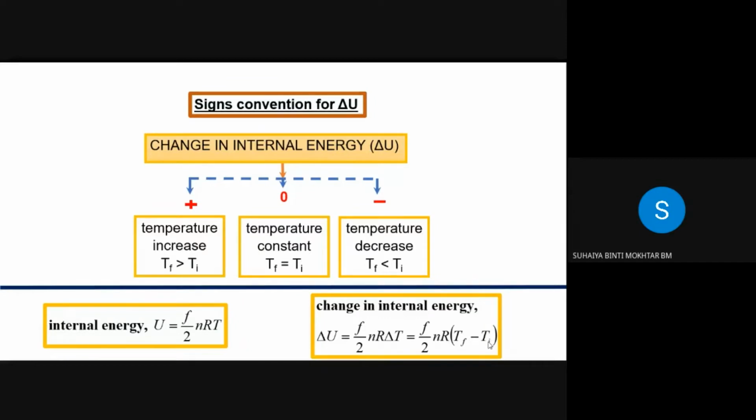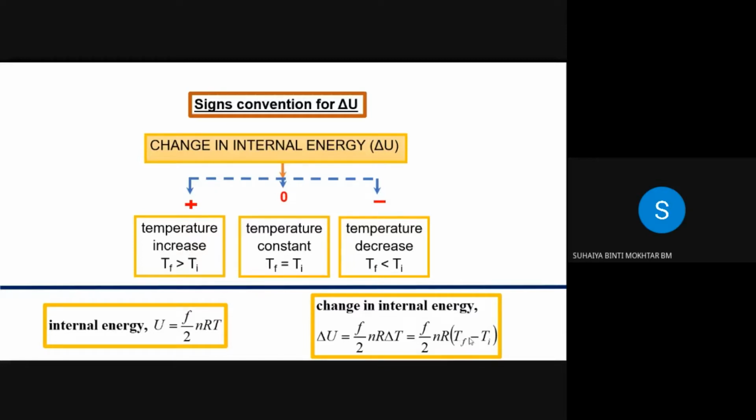For the case where the temperature is constant, T final equals T initial, so you get 0 here. It means that delta U equals 0 for this case. If T final is greater than T initial, you get a positive value, for the case where the temperature increases.